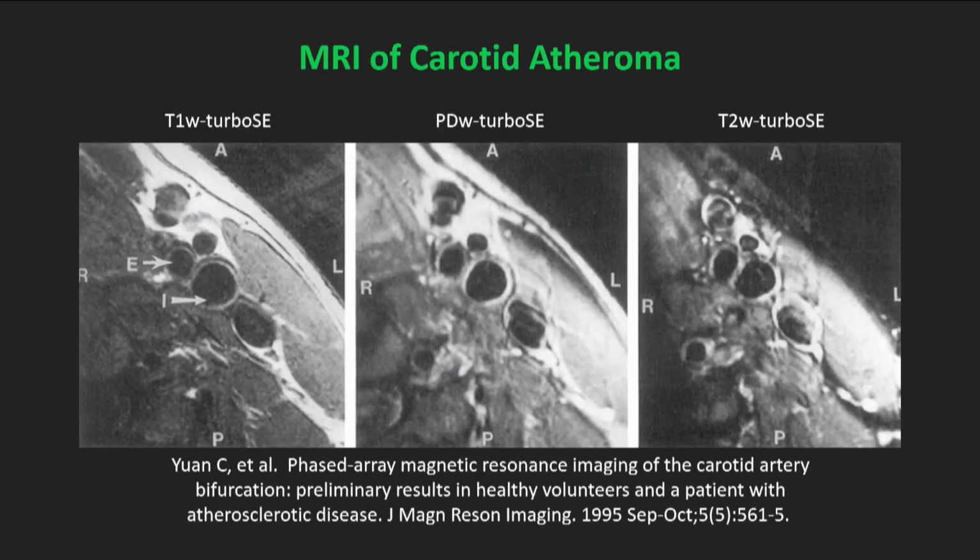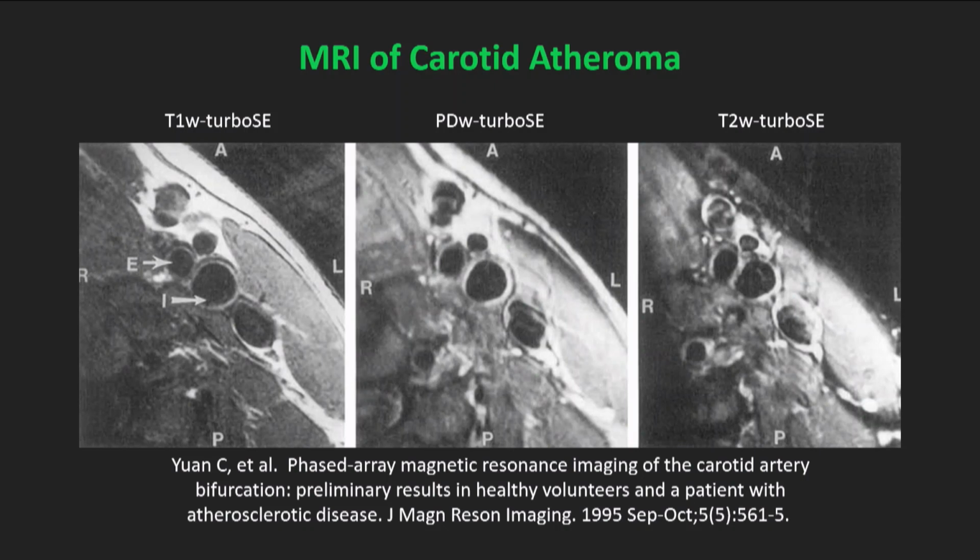Now, of course, thanks to Chun Yuan and others, there's an abundant body of data and technical advances to show that we can really nicely characterize arterial plaque and potentially predict which patients are more likely to have adverse events and potentially help guide therapy.